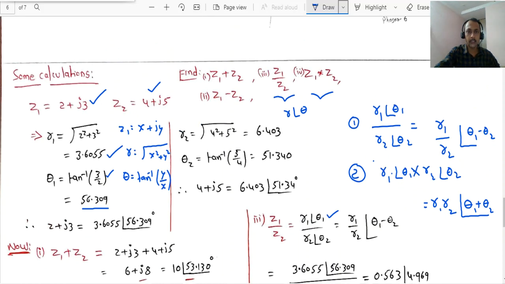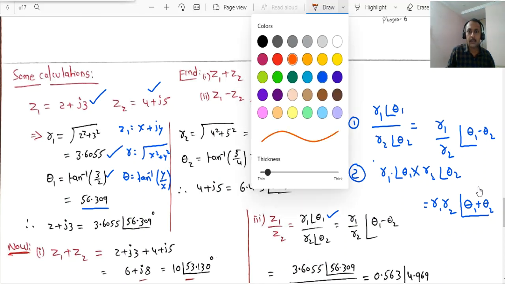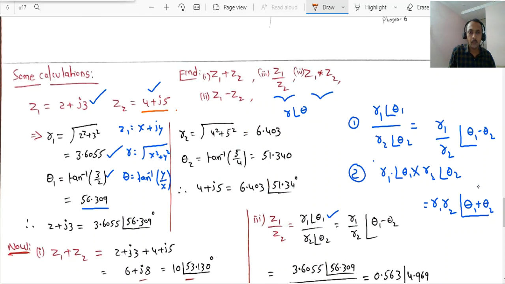Similarly express Z2. What is Z2? 4 plus j5. R2 is square root of 4 square plus 5 square, 6.403. Theta 2 is tan inverse of y by x, 5 divided by 4, 51.340.